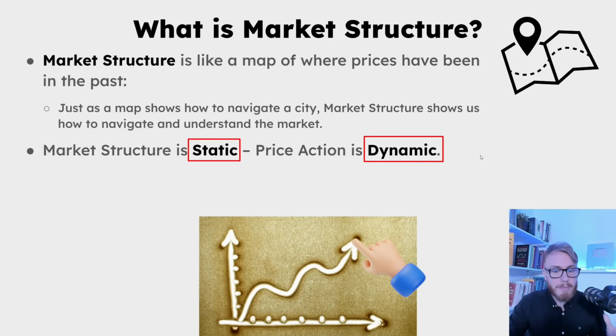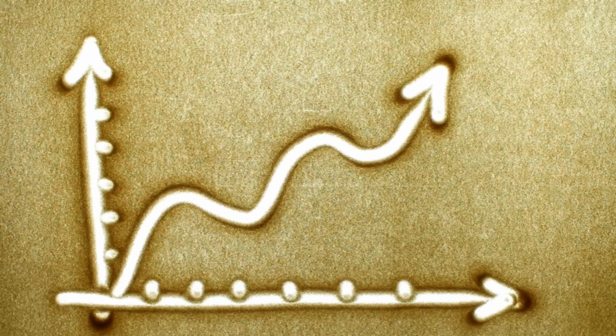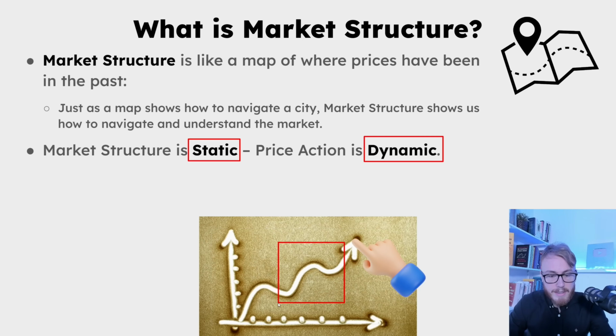So what do I mean by this? Well, I like to explain the difference between market structure and price action by an analogy where you draw a line in sand, like this image right here. So just imagine that you are drawing a line here in sand. In this analogy, the market structure would be the line that is left behind when you use your finger.